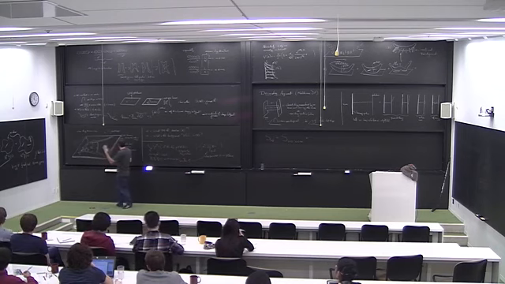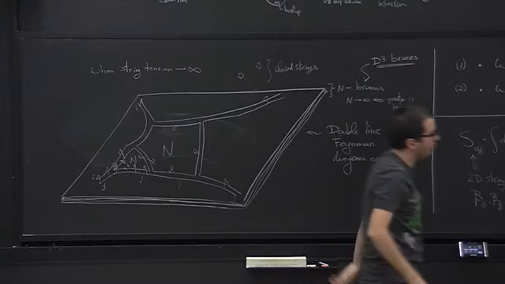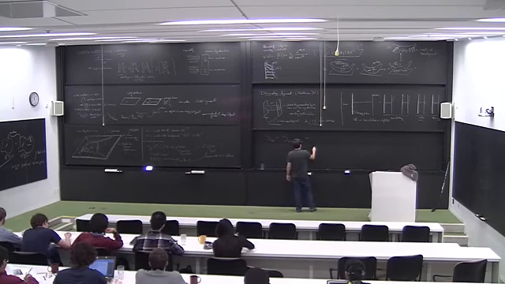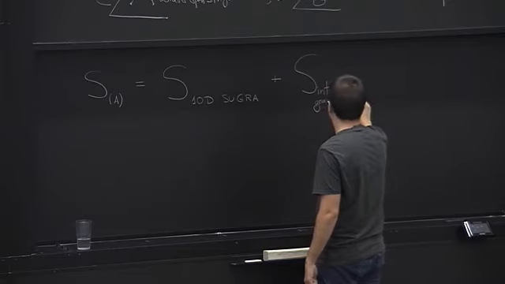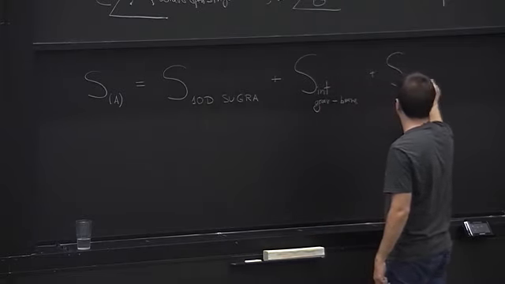So the ones we are going to consider are N D3 branes. So let's consider this setup. Then we have the 10-dimensional action. We have the interaction action of the bulk gravity with the brane. And then we have the action of the D3 brane.